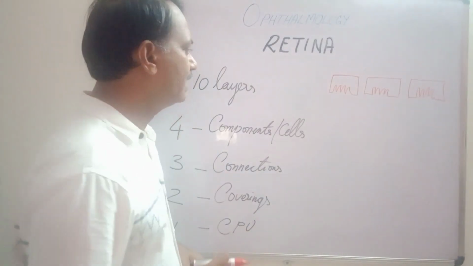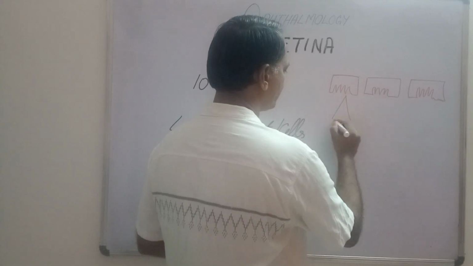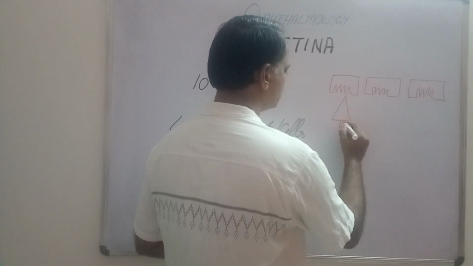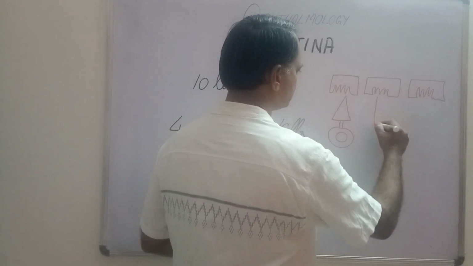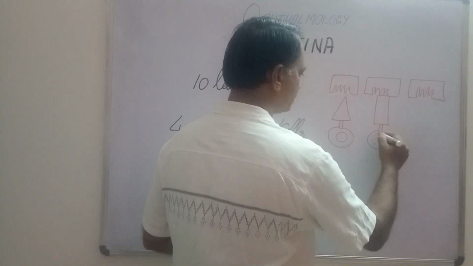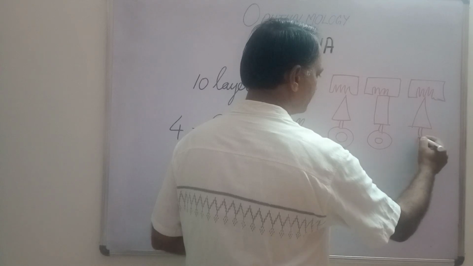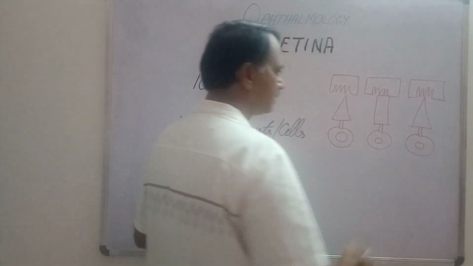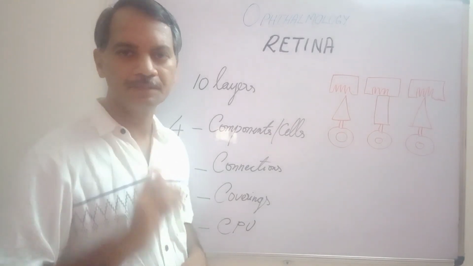The second cell I am going to draw is rods and cones. This is called as the photoreceptors.